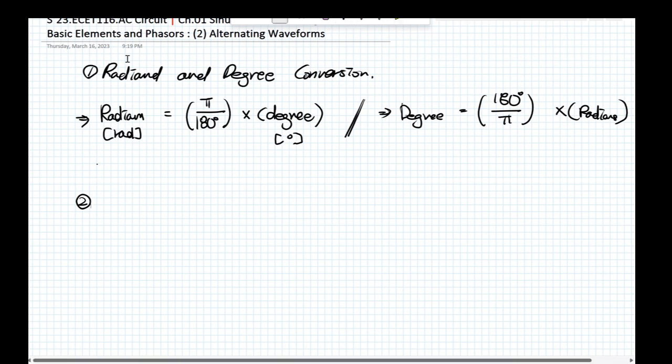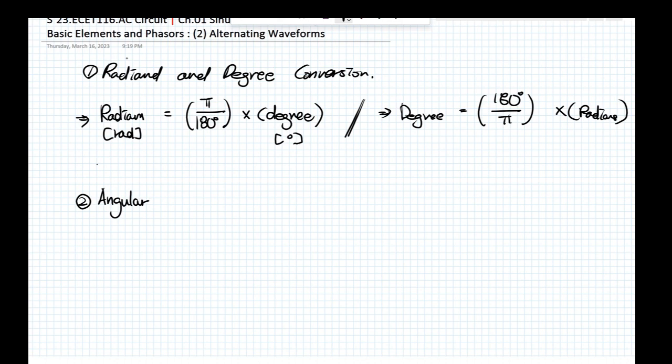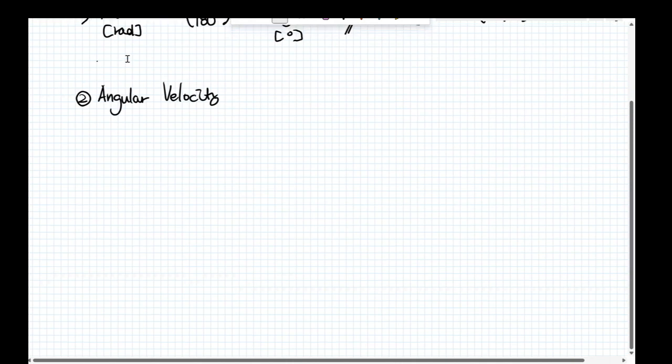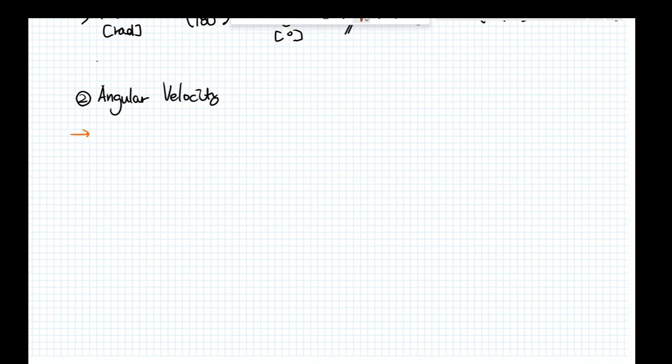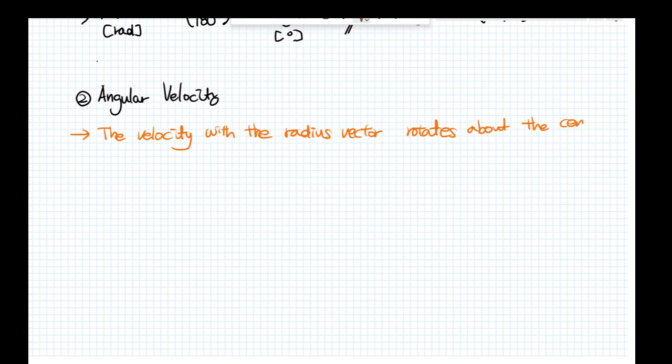So next one is the angular velocity. The definition is the velocity with which the radius vector rotates about the center, called the angular velocity.